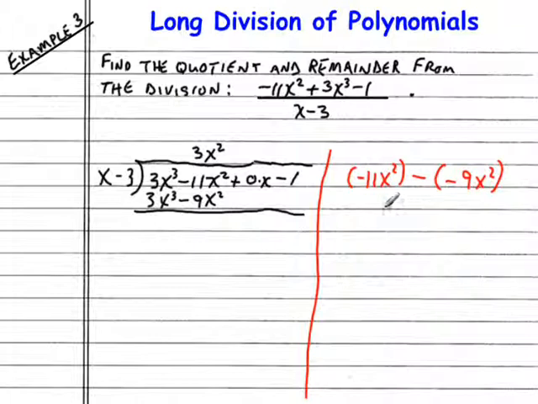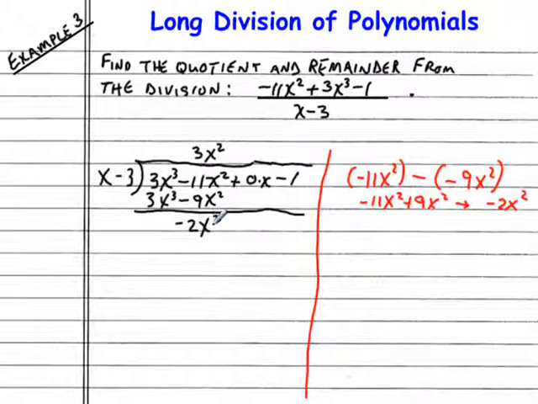So as we do this, we end up with negative 11x squared, actually plus 9x squared. And we probably could have done that in our head. We know that result, of course, is negative 2x squared. So the subtraction we have out right here actually results in negative 2x squared.